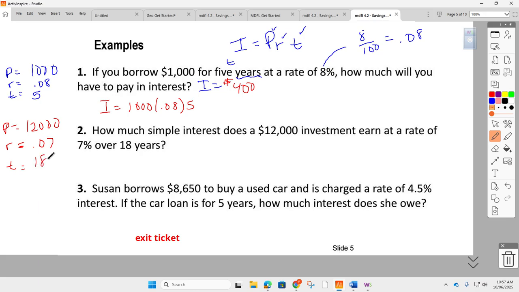So if I'm looking for interest, I've got all the variable values I need. I just plug into the formula. Principal times rate in decimal form times time in years. And so the interest I would earn, I think it's $15,120.